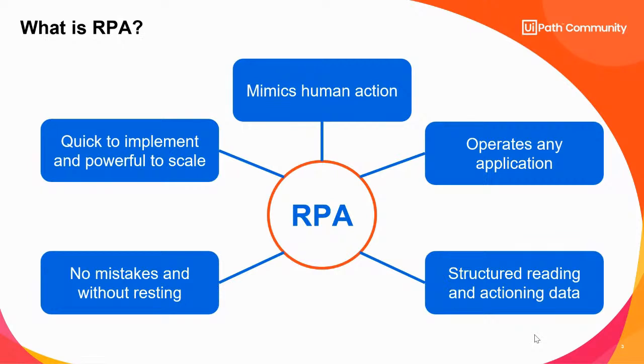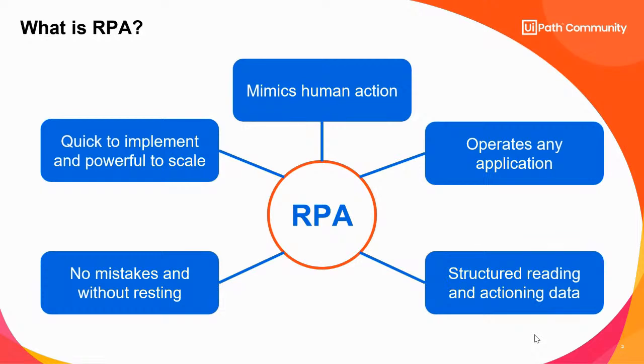You take any application for that matter, Salesforce, SAP, or any legacy applications like mainframes, AS400, no matter what it is, your robot can interact, can operate, and can also help to do some of the activities on those applications very seamlessly. And structured reading and actioning data.